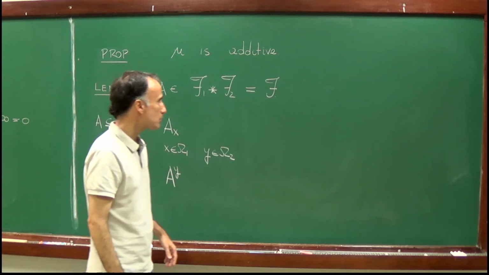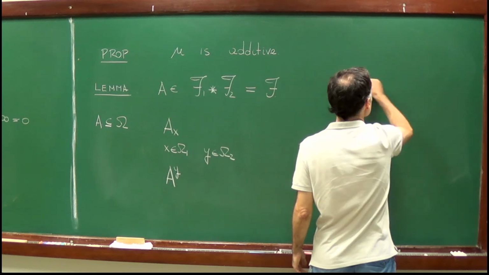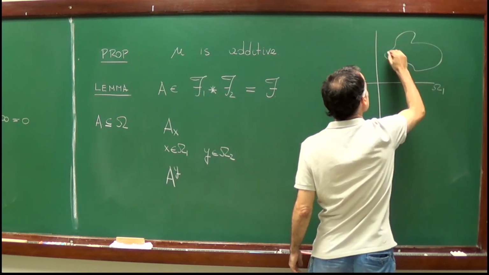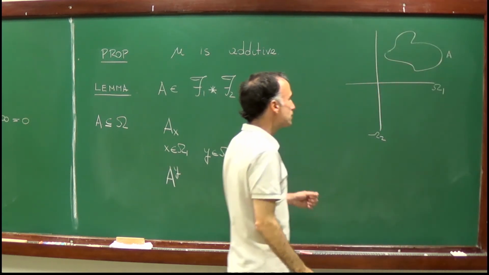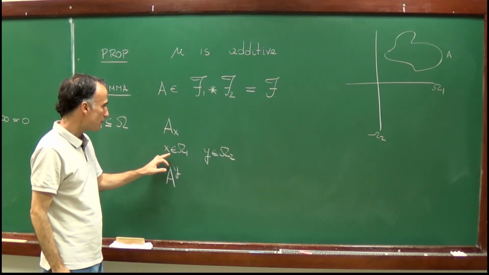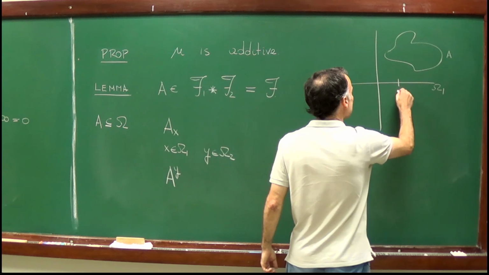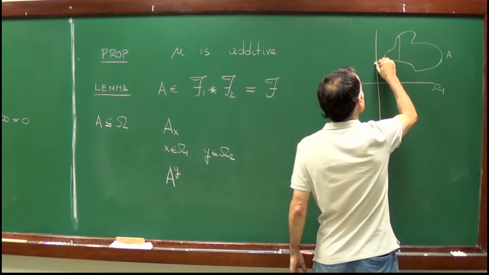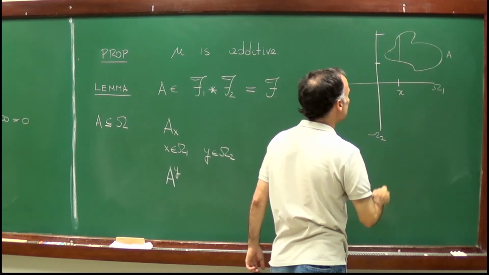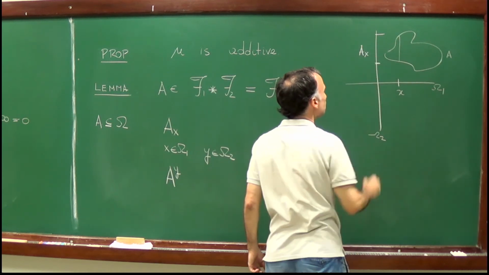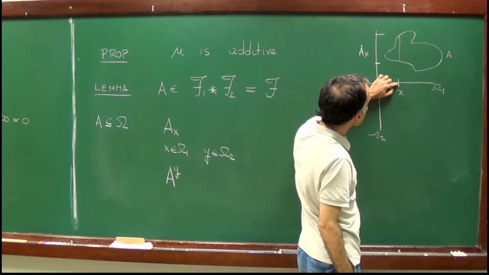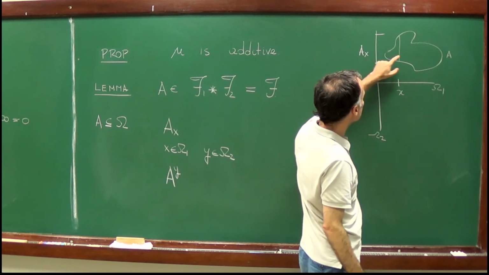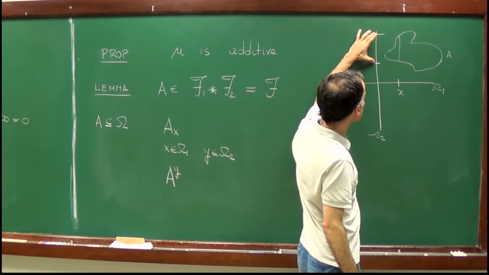So let me draw a picture before I define. Let's say that here it's omega 1, then I have here omega 2, and there is here some set, which is A. So the section Ax for a fixed x in omega 1: I'm fixing x in omega 1, and I'm finding all points y in omega 2 such that the pair xy belongs to A, which in my example is this set.